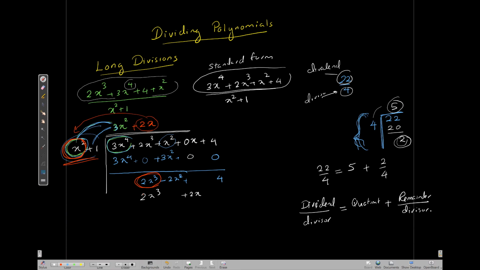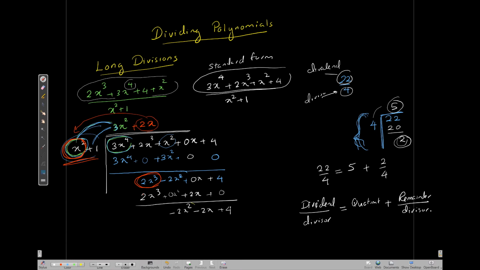So here 0, and here you have 0x plus 4. So now you subtract. Then 2x cubed minus 2x cubed, it's gone. Minus 2x squared, and you don't see any x squared here, so 0x squared, so it's minus 2x squared. And 0 minus 2x, so it's minus 2x. Remember, you are subtracting, right? That's why these minus signs appear, and here there's 0, so plus 4.